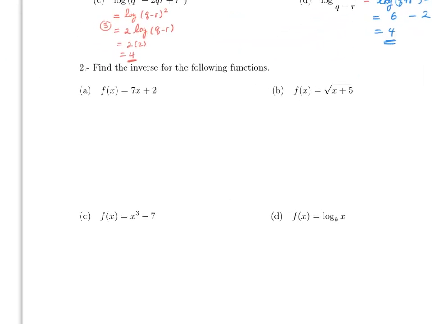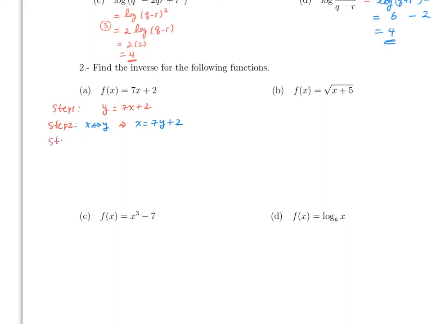All right, number 2 is asking you to find the inverse, and technically you can do this in just 3 steps. So step 1, just change f of x to y. And step 2, wherever you see an x, put a y, and wherever you see a y, put an x. So therefore this means x is equal to 7y plus 2.